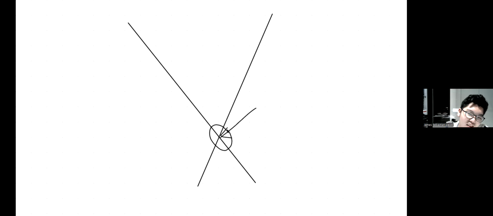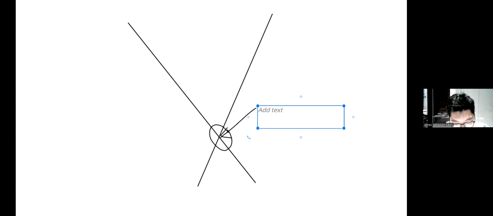And this can be solved using your simultaneous linear equations, which you can solve using either substitution or elimination.